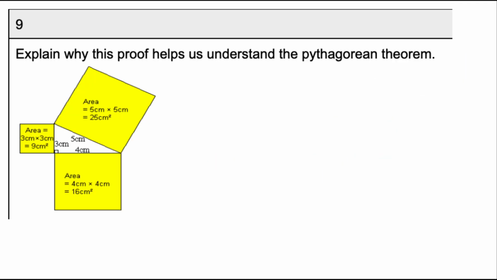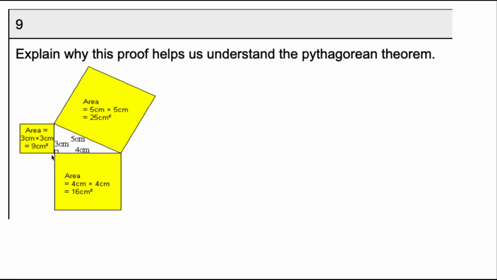Number 9, explain why this proof helps us understand the Pythagorean theorem. So if we use this right triangle for our example, we have 3, 4, and 5 as our hypotenuse. And we can see that the area of this square, if we made this side of the hypotenuse into a square, would be 5 times 5 is 25. And then on the left, if we use this left leg, 3 times 3 is 9.